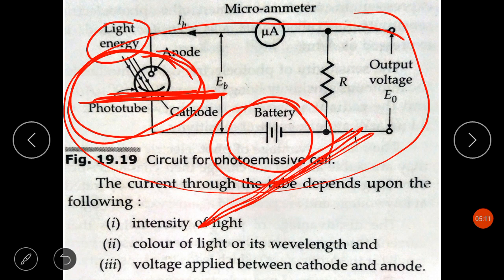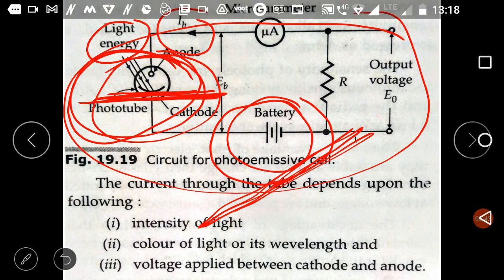Since in the gas filled photoemissive cell there is an inert gas in this glass envelope, the accelerated electrons collide with the atoms of the inert gas, and upon collision ionization occurs and a larger number of electrons are produced. Because of this, the photoelectric current gets increased.